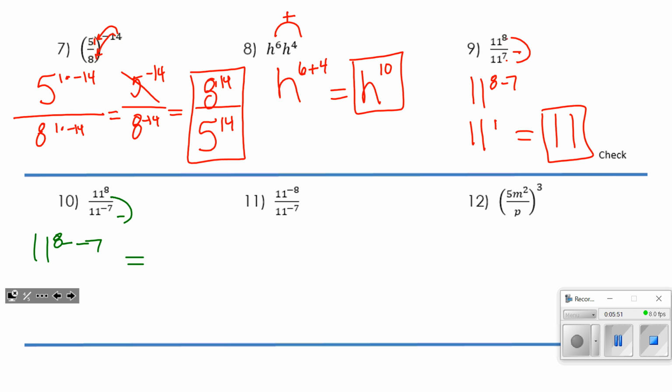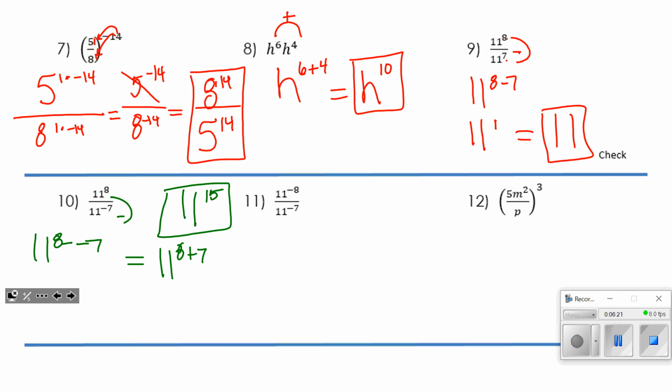And two minuses are going to make a plus. So 11 to the 8 plus 7, which equals 11 to the 15th power. I'm going to put it up here. 11 to the 15th power for number 10.